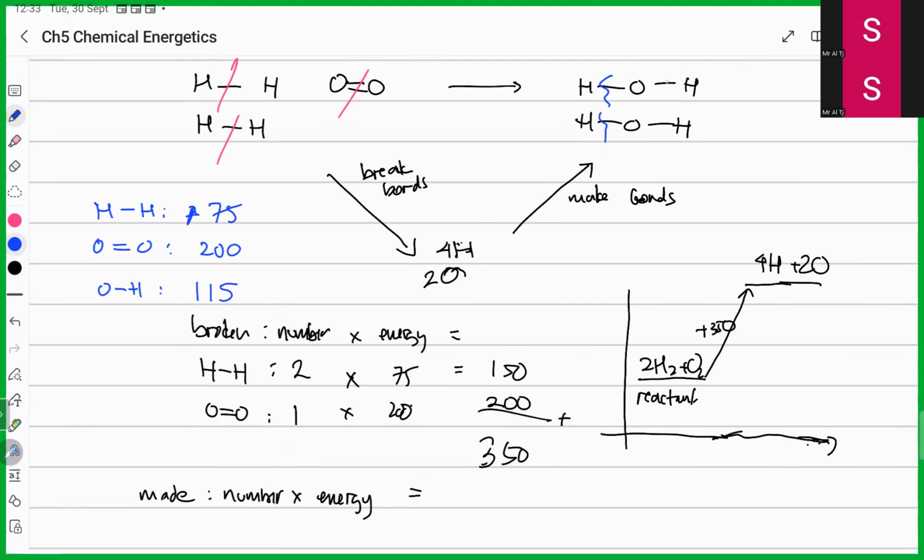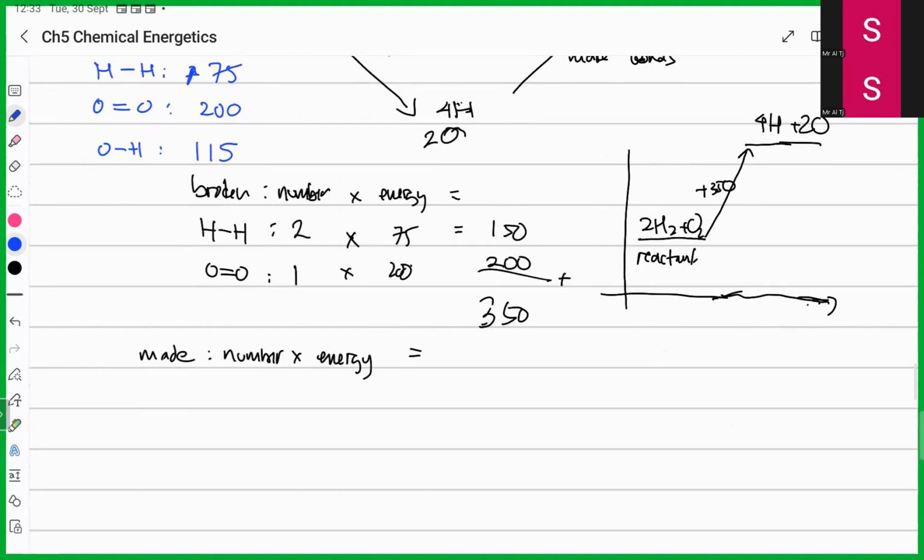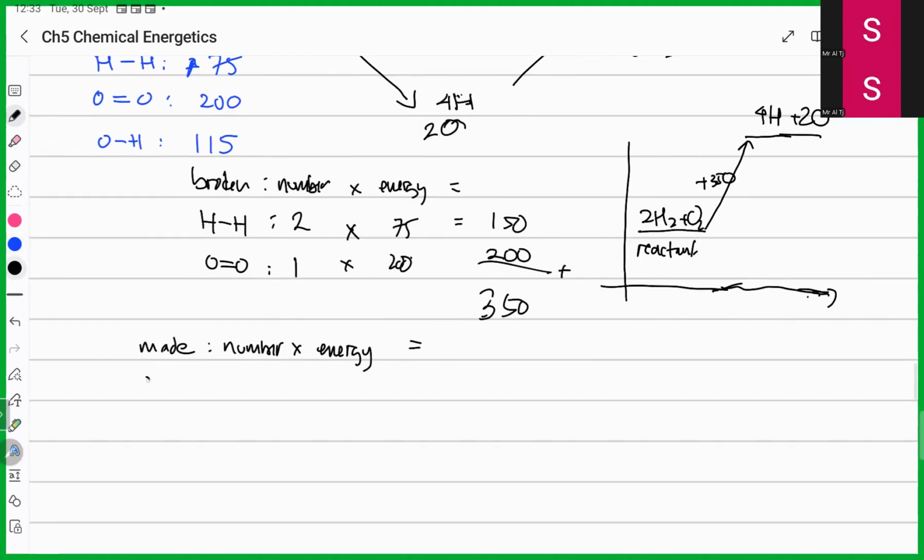That is oxygen to hydrogen. O to H and H to O is the same. Okay? So what we have is just a single type of oxygen to hydrogen. There are 4 of them. Each of them has the energy of 115, for a total of 460.